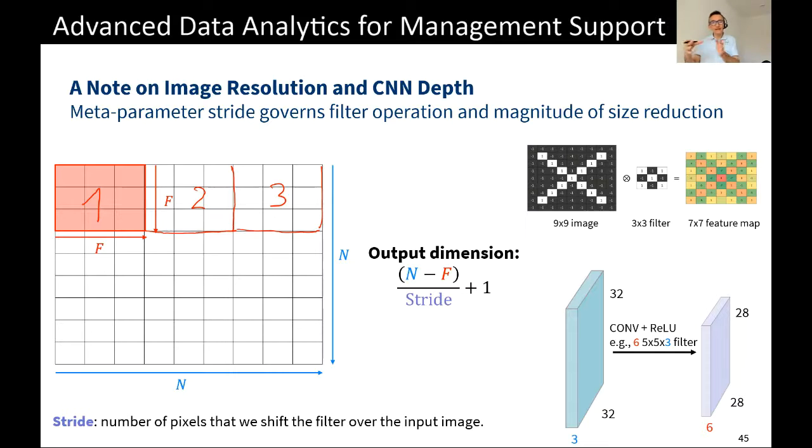So we basically have 3 outputs here in that dimension. So we have 32 minus 5, 27, divided by 3, which is our stride. That's 9, plus 1 is equal to 10. So we will end up with this 10 by 10 image if we carry on like that.